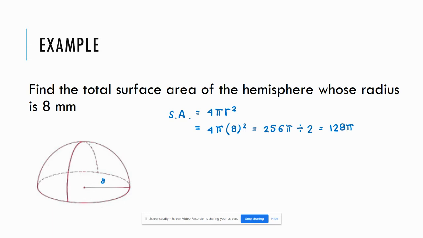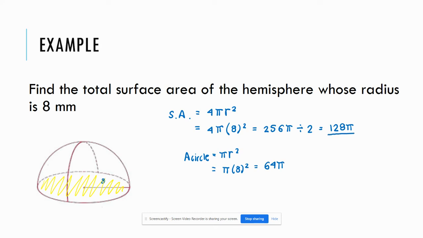But that's not my final answer, because I still have this circle down here at the bottom that we have to take into account. Because I already know that it's a circle and its radius is 8, well, remember, area of a circle is just pi times the radius squared. So pi times 8 squared would get us 64 pi.